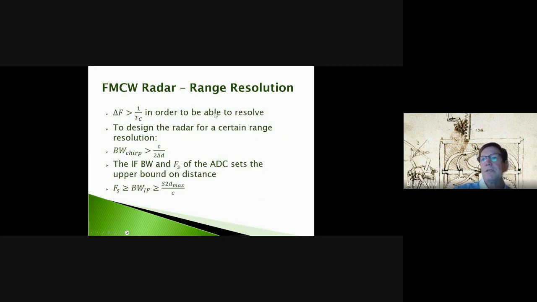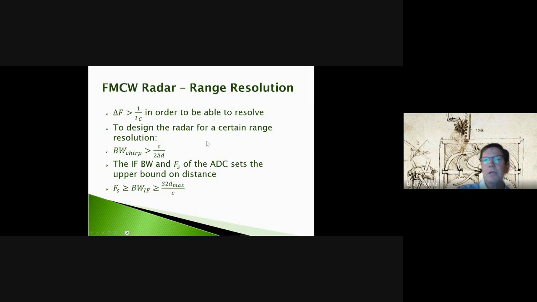Right, so to design the radar for a certain range resolution, we see that this TC is related to the bandwidth of the chirp, and ultimately that's what's going to produce resolution. So this is important in all kinds of radars.